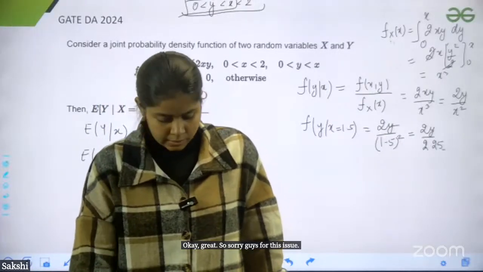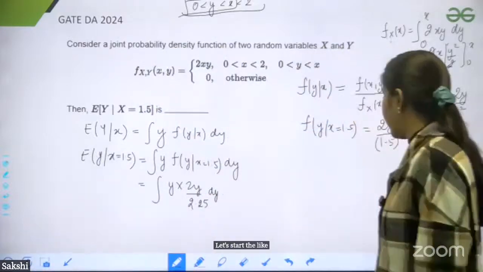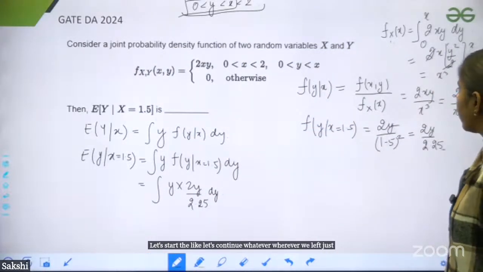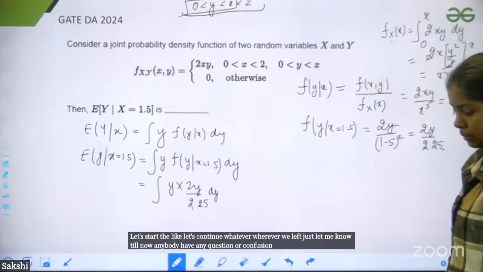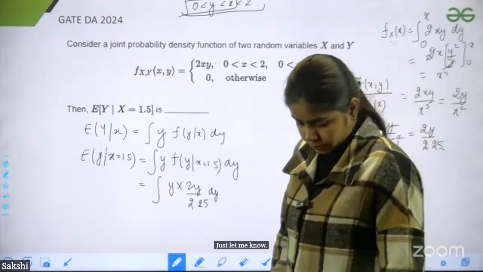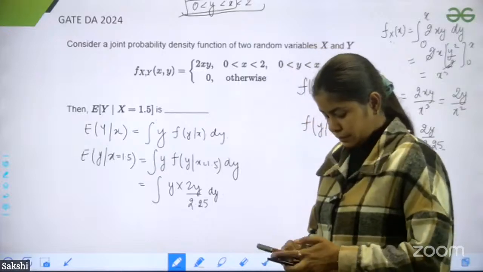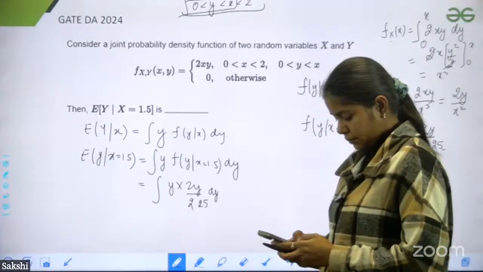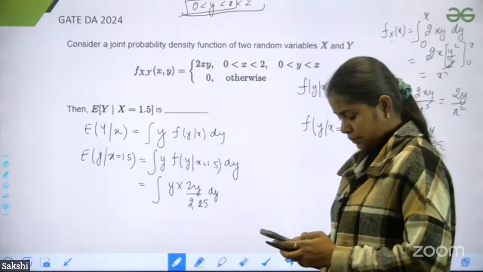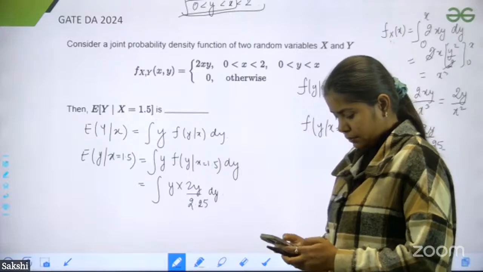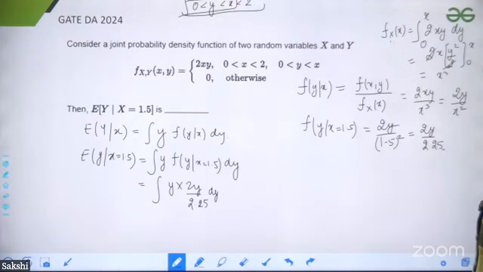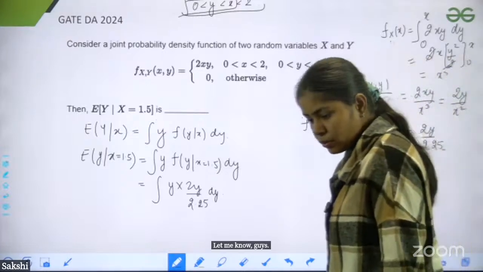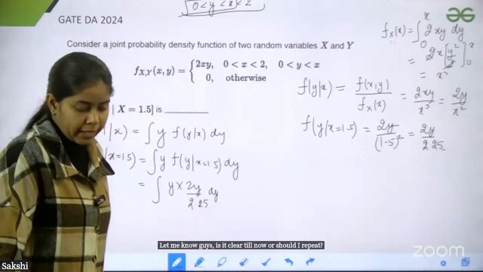Let's continue wherever we left. Just let me know if anybody has any question or confusion. Is it clear till now or should I repeat what I have done here?